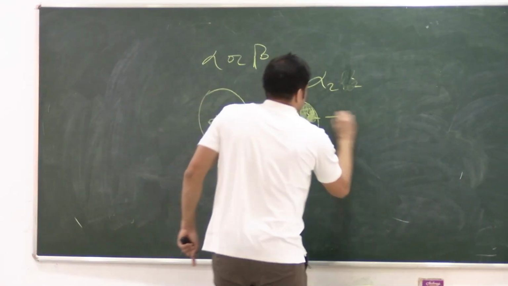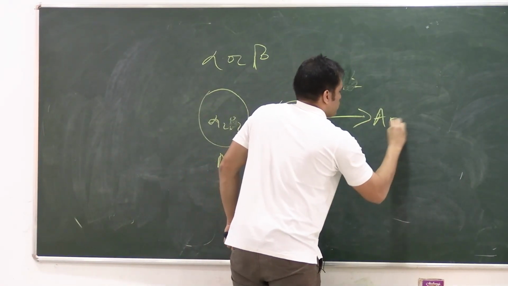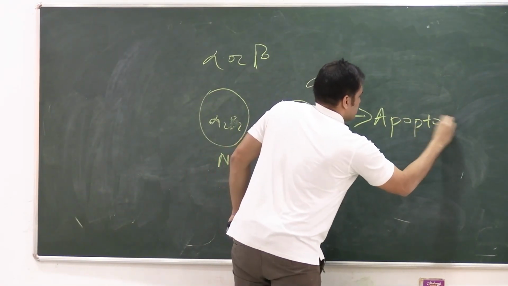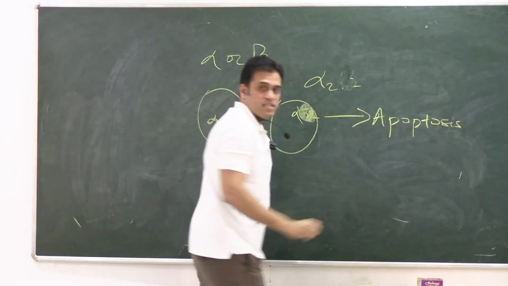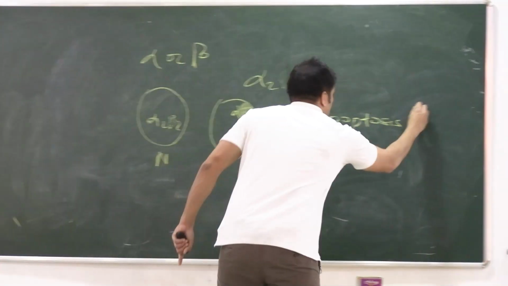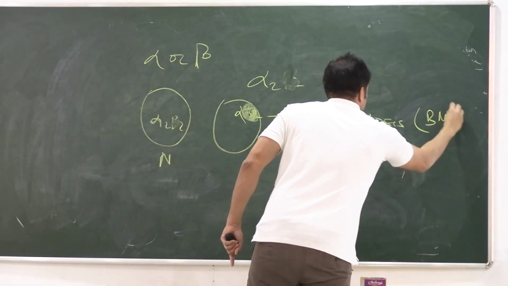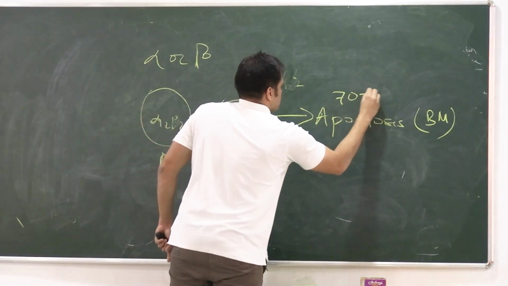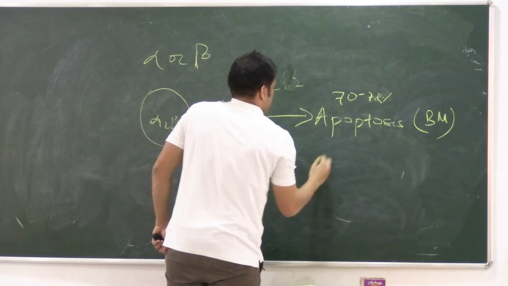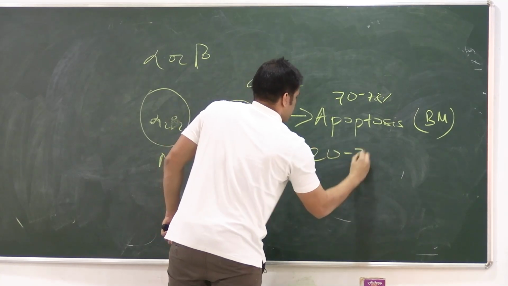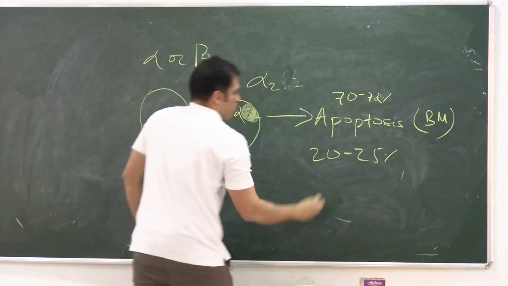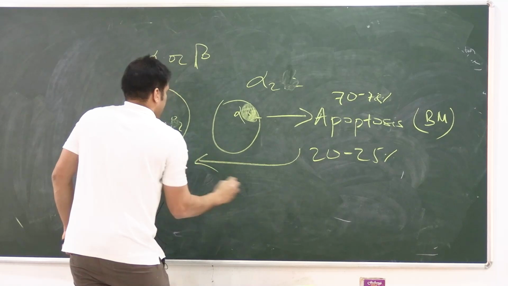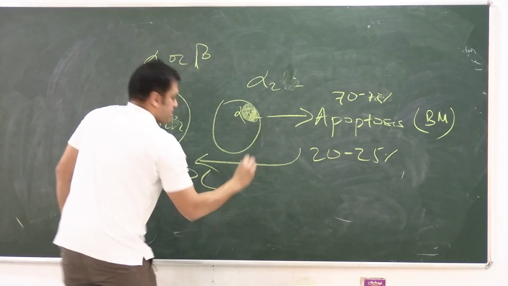So 70 to 75% of these cells die via apoptosis in the bone marrow itself. The rest, 20 to 25%, manage to escape into the peripheral circulation.